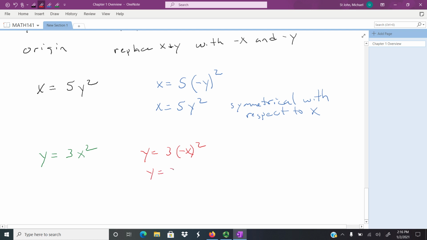So y equals 3x squared. And again, those are the same. So this is symmetrical with respect to the y-axis. Right? And I should make the previous one with respect to the x-axis.